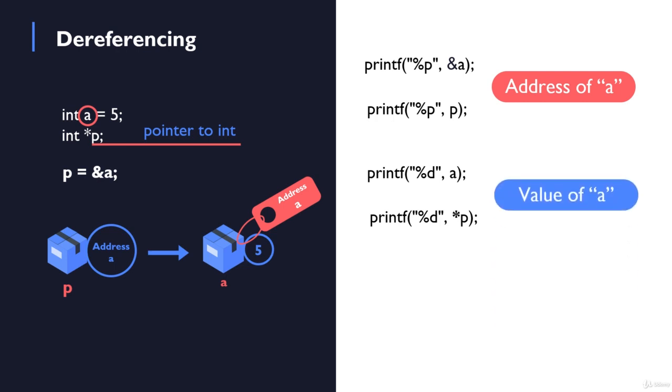That's also an important thing you should keep in mind when using pointers, this usage of the asterisk. Once again, the meaning of it is: go to the address that P points to and get the value that is stored there. I hope that's clear, and with practice you will feel much more confident.